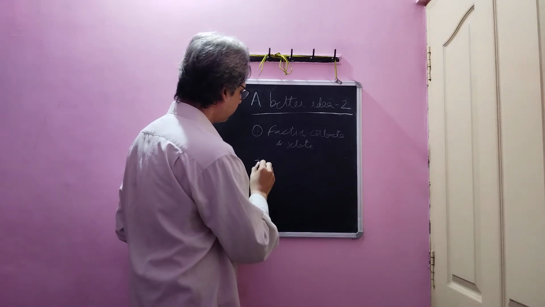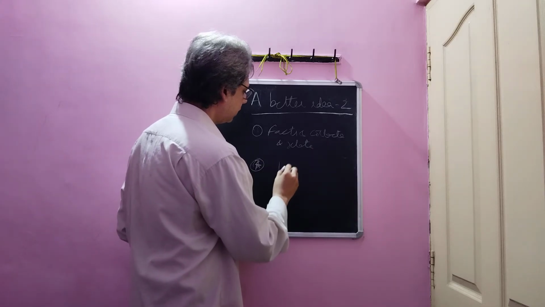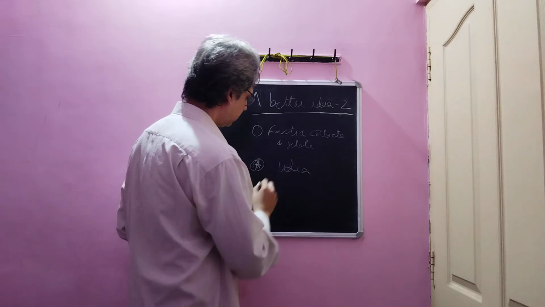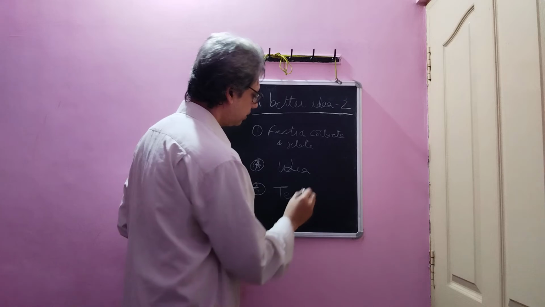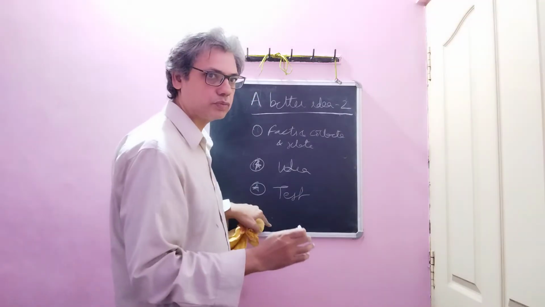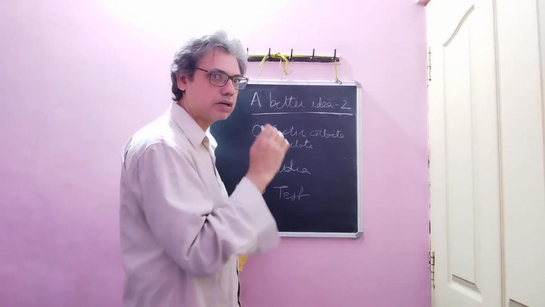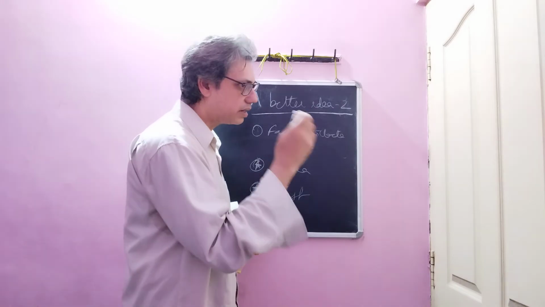Then based on the facts, we come up with an idea. Next we test and try out that idea. See where it works and where it does not work. Why does it work, under what conditions it works, and why does it not work?